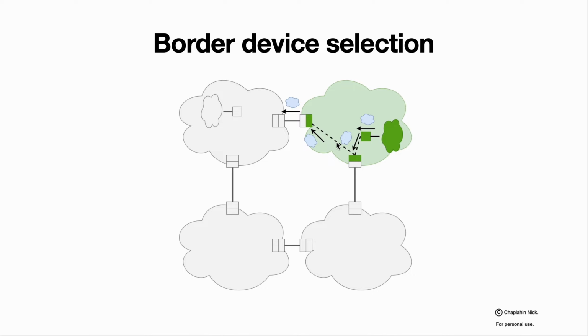This will be eBGP or iBGP, external or internal. We prefer external. Why? Because we assume that internal is a loop. If a network is provided to us by an external device, it is better than one provided to us by an internal device.